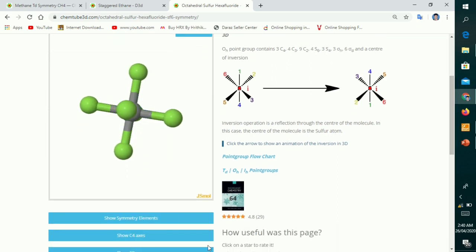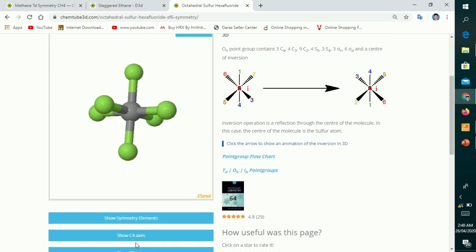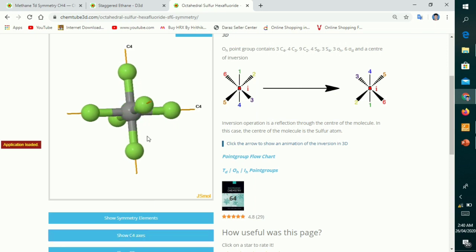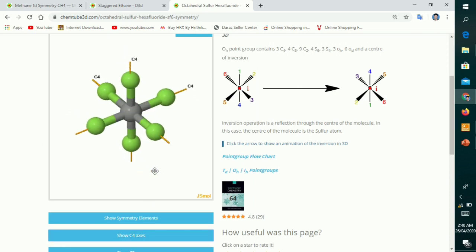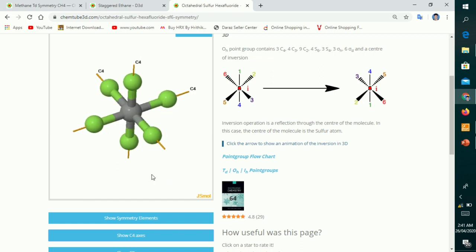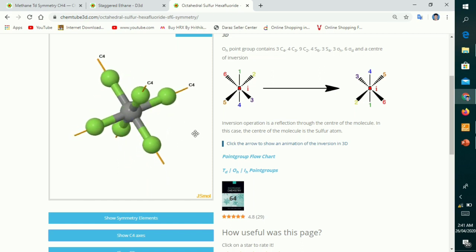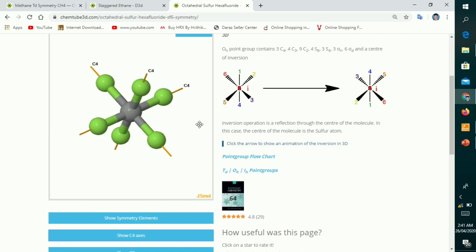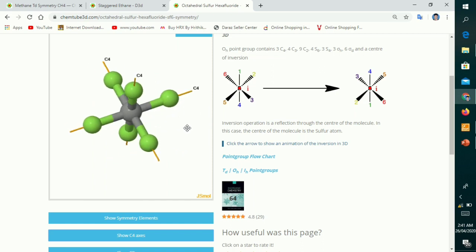So let's talk about the C4 rotation. We know that it's quite easy to find out the C4 rotation. This is the position and axis of rotation in SF6.